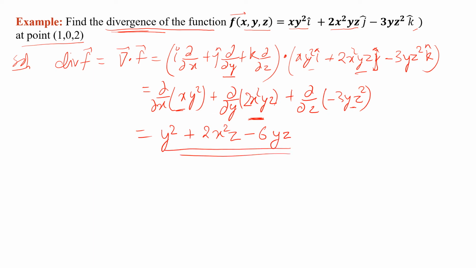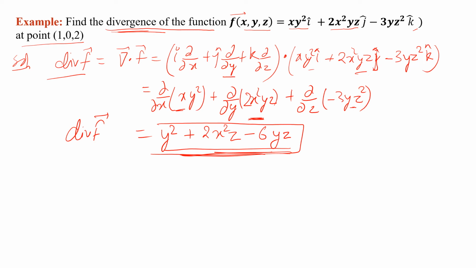So this is the divergence of f. Here we get a scalar function. If we take the divergence of a vector, del operator on a vector quantity, it is a scalar quantity.